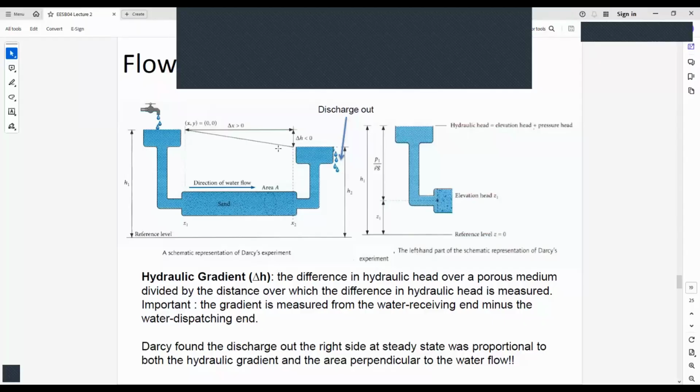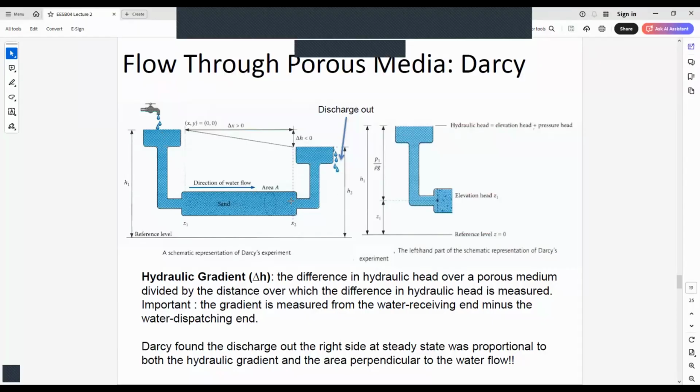And back to the slide. So let's say we create a fictitious aquifer using sand in these pipes. We've got the direction of flow of water. Why? Because the water is at a slightly higher elevation over here, as opposed to over here. And this would be the discharge area.